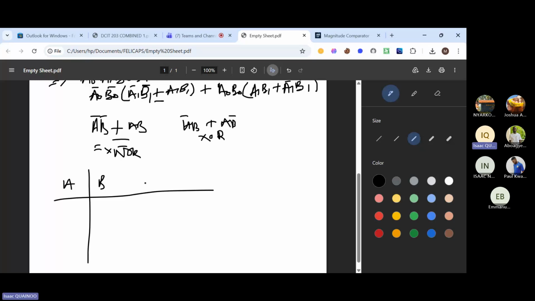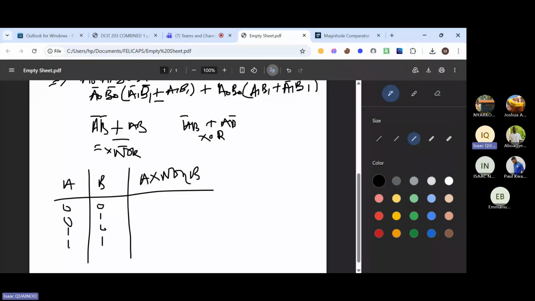If you have your inputs A and B, and then you perform your XNOR operation, that is, let's say, A exclusive NOR B, you have, let's say, 0 0 1 1 and 0 1 0 1.